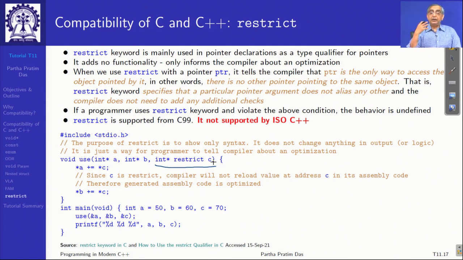Restrict was provided in C99, but somehow this has been a very well debated feature, and so far ISO C++ does not support this restrict feature. Rather, you can get the similar effect by unique_ptr and those kind of stuff that you get through functors, smart pointers and so on, but this language built in feature of restrict is not available in C++.